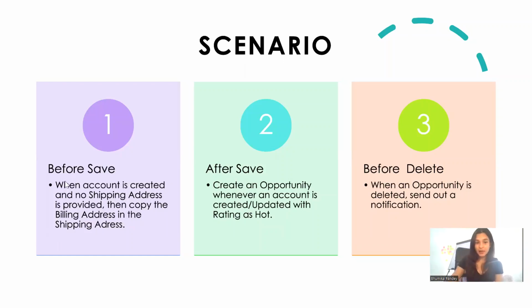In this example, we are populating the account's billing address into the account's shipping address if the shipping address is blank. So you are trying to make an update on the same object record. You are creating an account, and you want to take the billing address and stamp it on the shipping address.